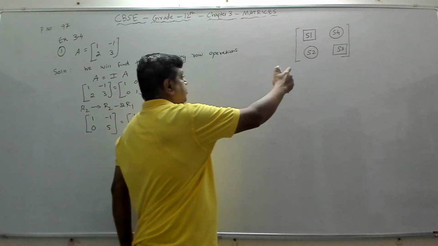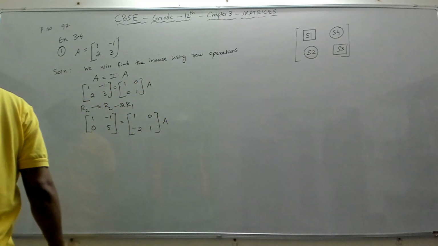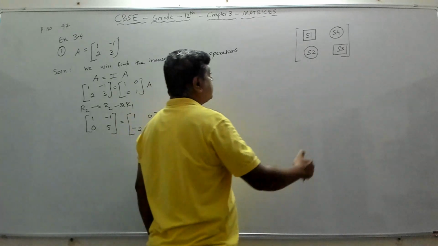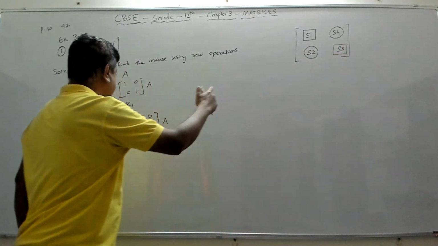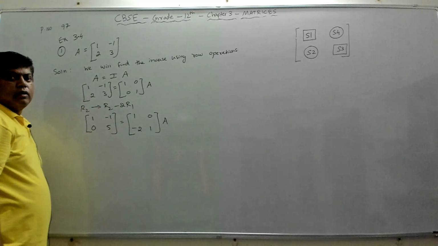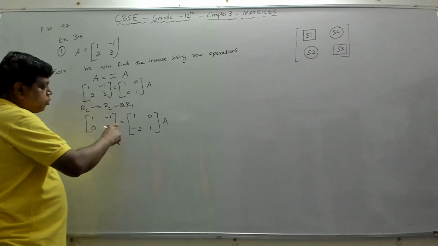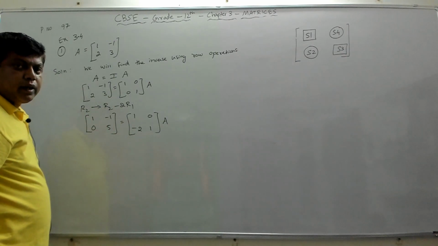That is the second step. The third step is we have to make this element 1. Now how can we make this 1? Very easy. We'll divide each element in row 2 by 5. That is the easy way to make it 1.